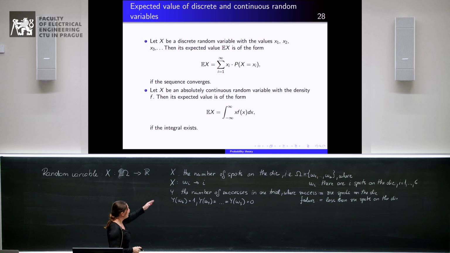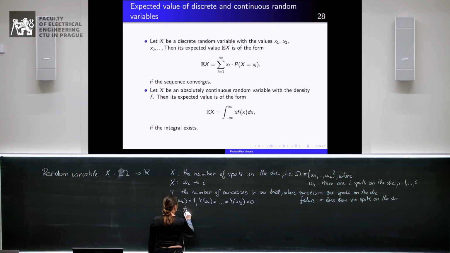In this case, we can get only finitely many numbers by this mapping, but we can consider something that is so-called continuous. For example, the case where the random variable is something continuous, for example, the time.